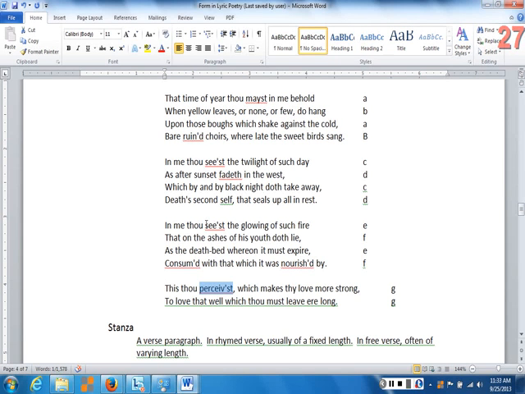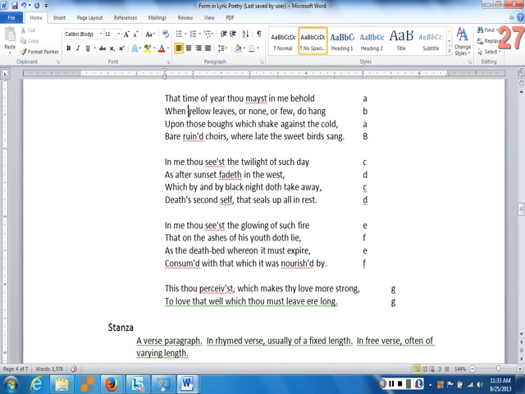You can see me this way, you can see me this other way, and so you see me, okay? You see all of this, and it makes your love more strong. So finally at the end we see that he is talking to someone who loves him. All right, but there are 3 different forms of seeing.